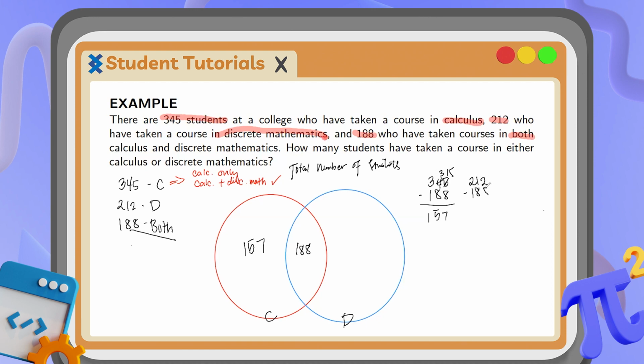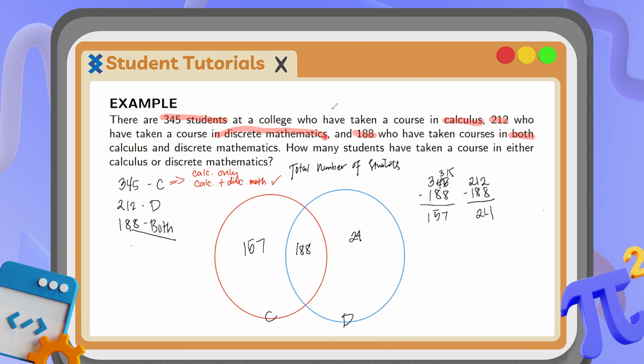So that would be 24. Let's double check. Okay, so it is 24 students that took discrete math only.